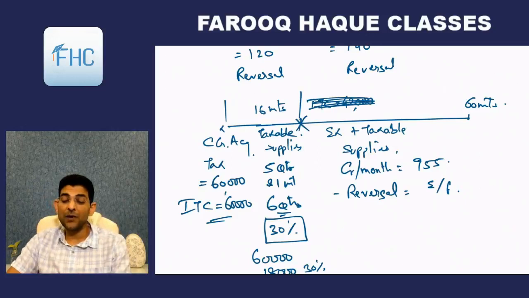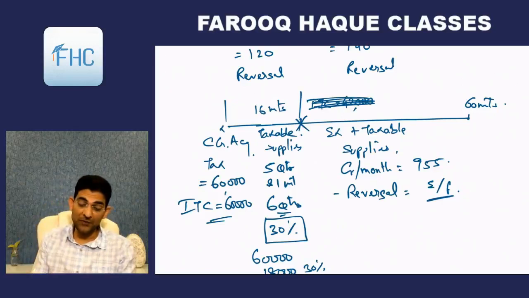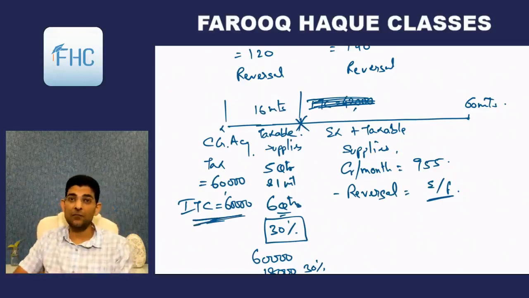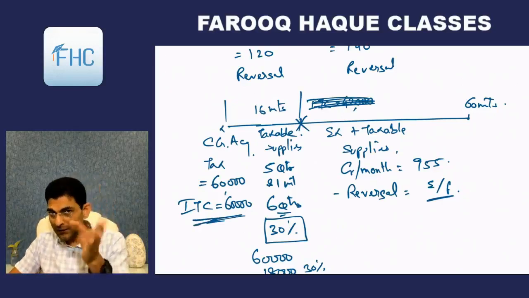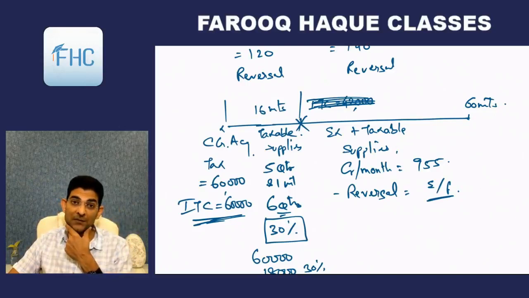Out of this 955 I will start reversal every month in the ratio of E upon F. So we have taken full credit in the initial stage itself. We don't have to take credit now at the time of conversion, but we need to reverse. We need to start reversal of credit over the balance number of months. So whatever is the monthly figure now, we'll keep reversing it over the remaining life of that asset.